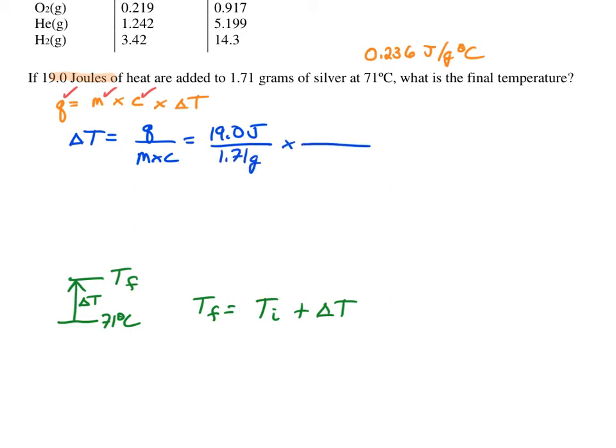And we're also going to divide by our heat capacity, 0.236 joules per gram degree C. We look at our units. We see that grams cancel and joules cancel. So the unit that survives is degrees C, which is good because we're trying to calculate a change in temperature.